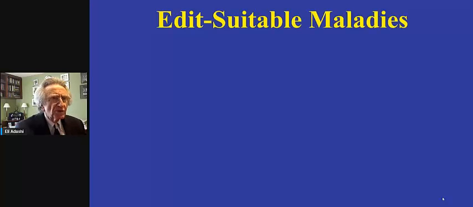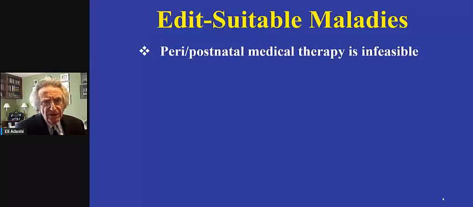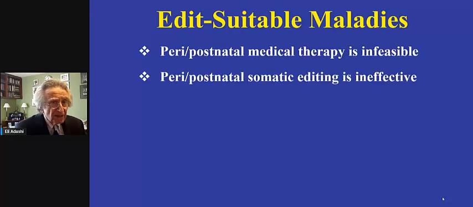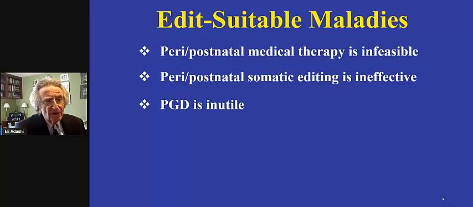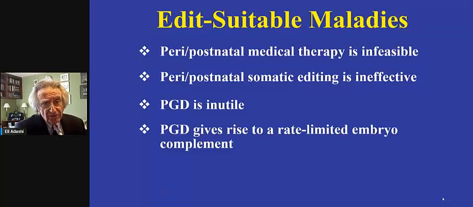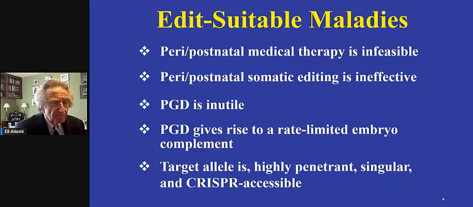Instead, we are likely to focus on edit-suitable maladies, such as peri- and postnatal situations where peri- and postnatal medical therapy is infeasible, where peri- and postnatal somatic editing is ineffective, when PGD is inutile and in fact gives rise to a rate-limited embryo complement, and when the target allele is highly penetrant, singular, and ideally CRISPR accessible.